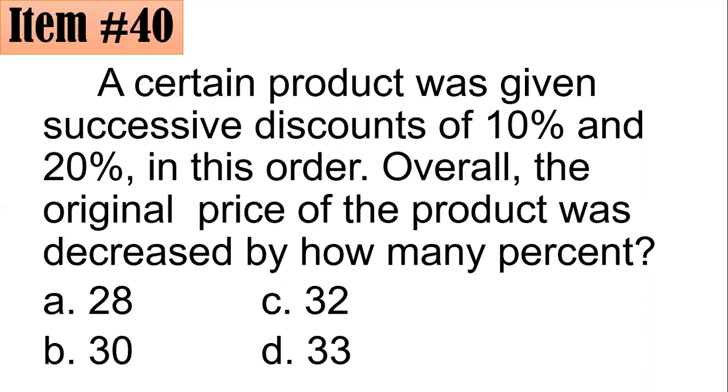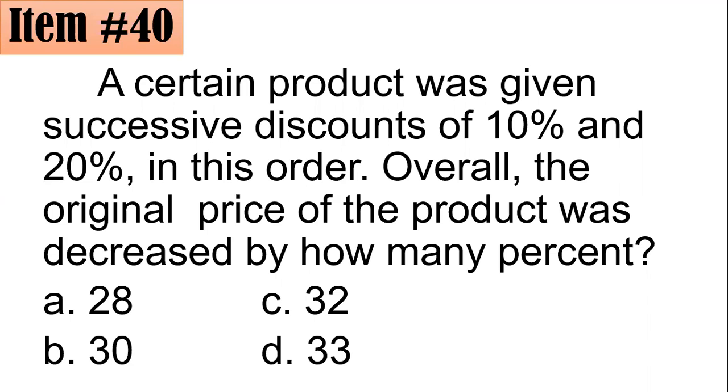Actually, I would agree to both of your solutions. I think the solution of Sir Freddy is pretty straightforward. You could assign any price. So for ease of computation, I agree that it's better to say 100 pesos or anything. Let's say 100 muna. So the 10%, if you subtract 10%, the 100 becomes 90. Then Sir Freddy took the 20% of 90. What is the 20% of 90? 18.